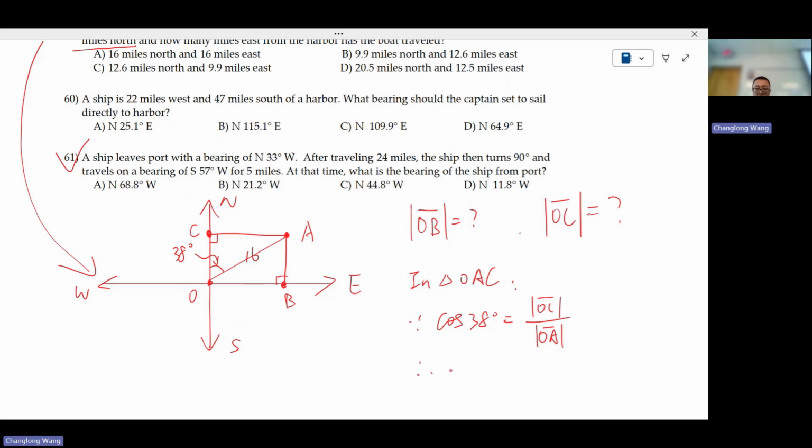Therefore, OC is OA times cosine 38, right? And make sure that you have your calculator and you know that you're in degree mode.